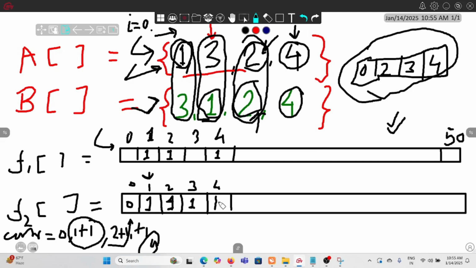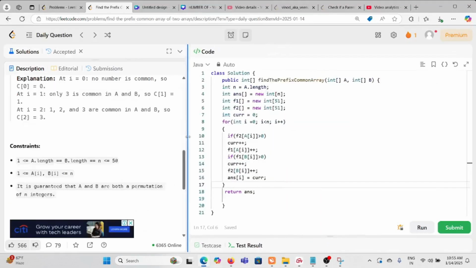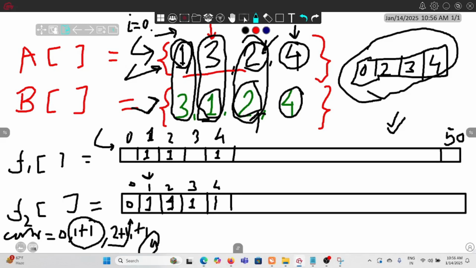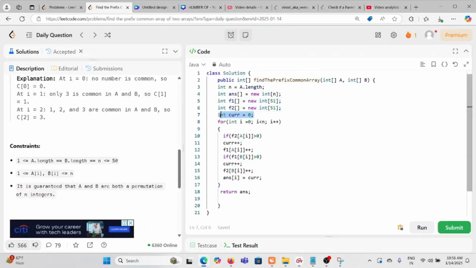Okay, so let me show you my corresponding code for it. First of all, we are getting the length of it. I created one answer array, and these are our two arrays, F1 and F2. This is the one which we are using here. Now this is our cur variable, which we started initially at 0. Now see here, first of all we are traversing from i equal to 0 till n.